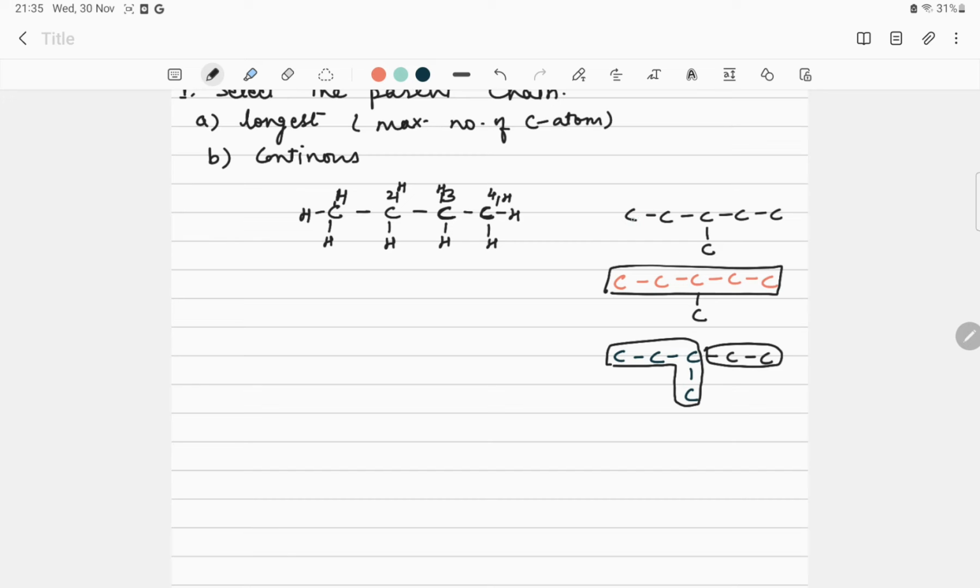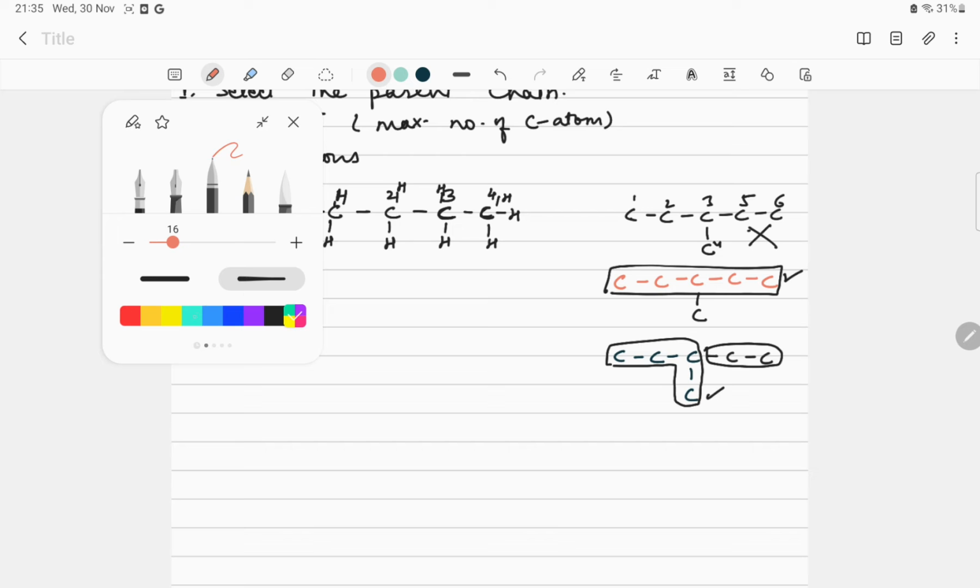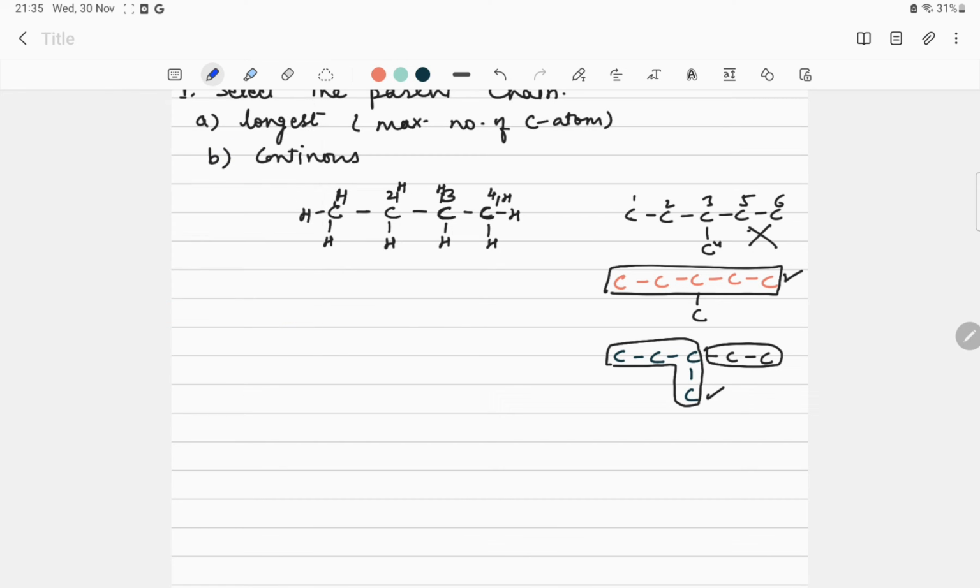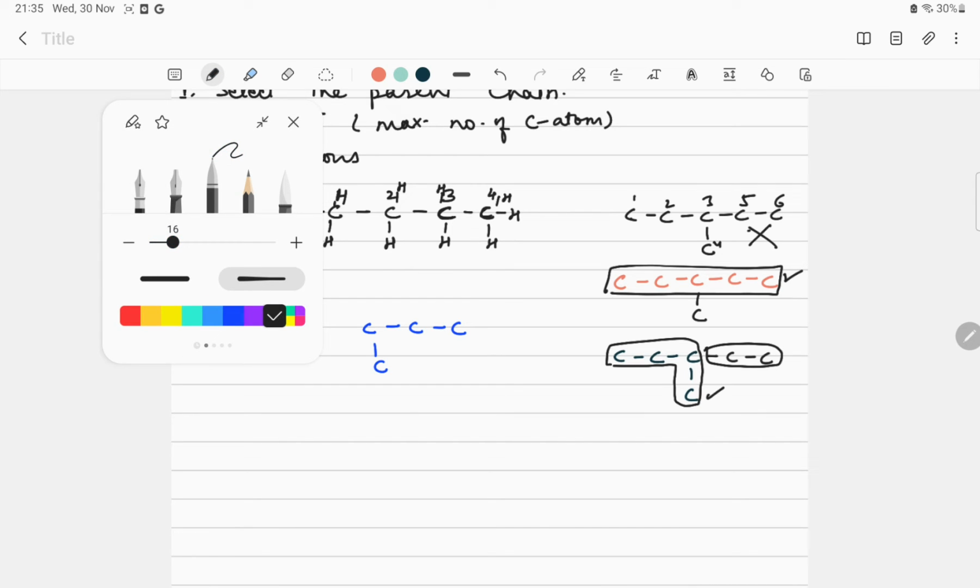We cannot select the chain in this way, 1, 2, 3, 4, 5, 6. This is wrong, because this is going to be a discontinuous chain. So either we may have this chain, or this as a parent chain, or this as a parent chain. The chain can be like this also. Say for example, if the carbon atoms are like this, 1, 2, 3, 4, then this will become the substituent.